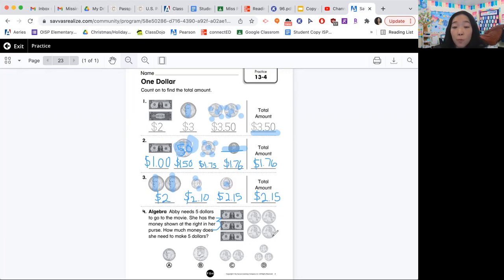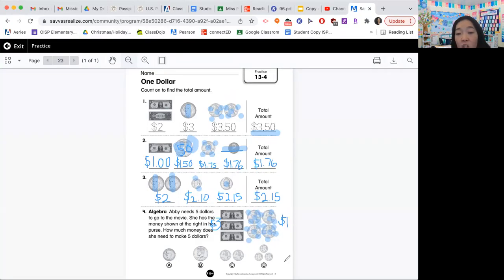Now we know that 4 quarters equals $1, but if you're not sure, you can do your touch math. 5, 10, 15, 20, 25, 30, 35, 40, 45, 50, 55, 60, 65, 70, 75, 80, 85, 90, 95, 100. So 100 cents is equal to $1. So we have 3 $1 bills, and then we have 4 quarters, which is also equal to $1. So she has a total of $4.